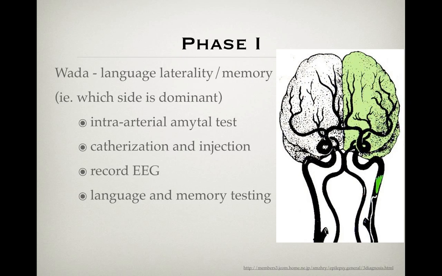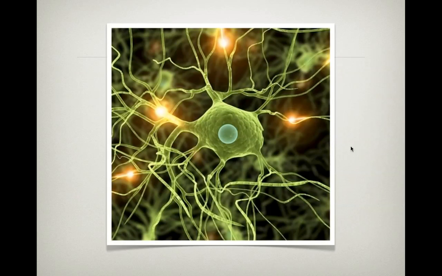And while the brain's asleep, we can test the function of the opposite side. And in that regard, we can tell which side is dominant for language and also a little bit for the memory. Very interesting test.